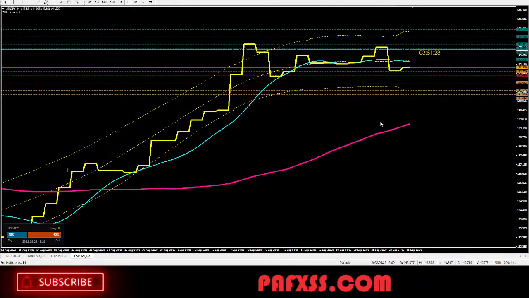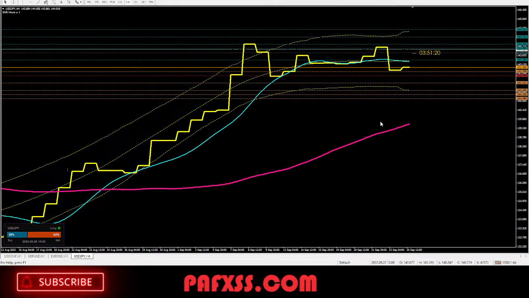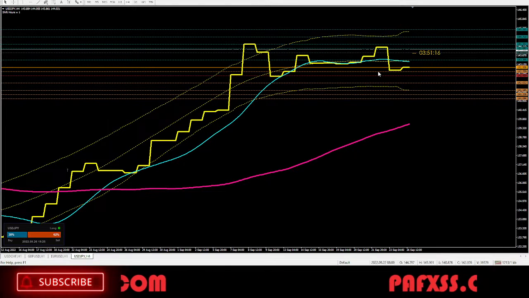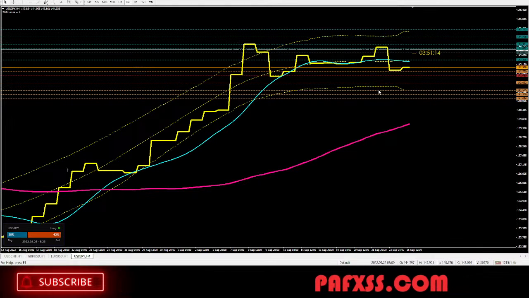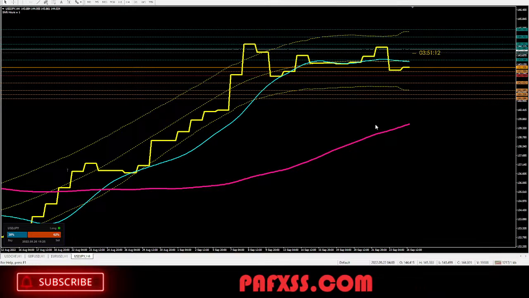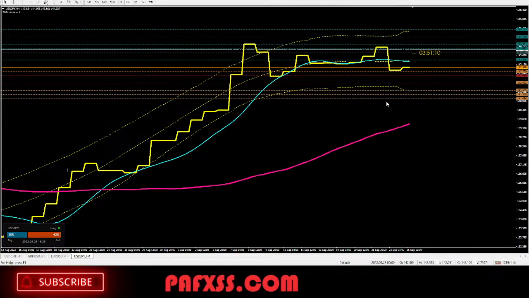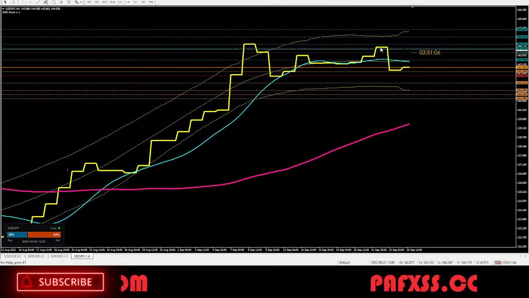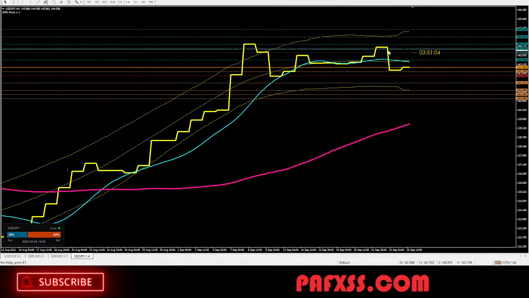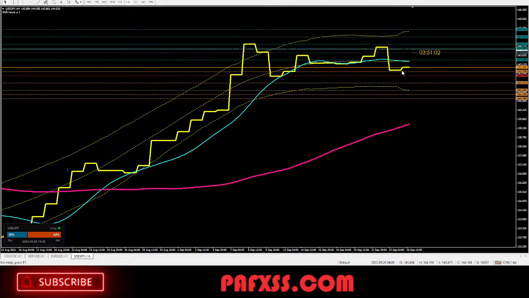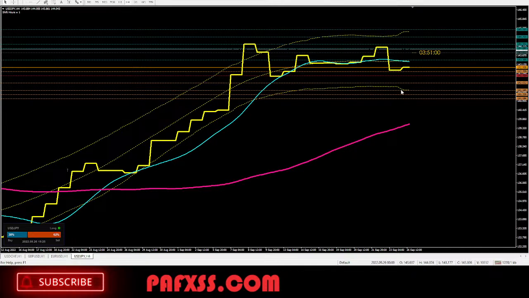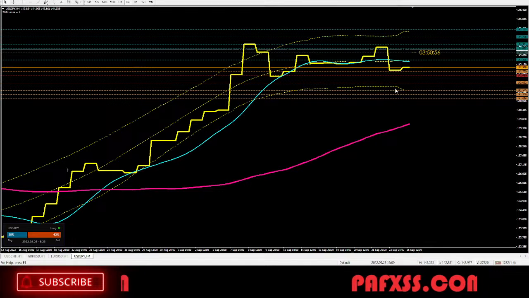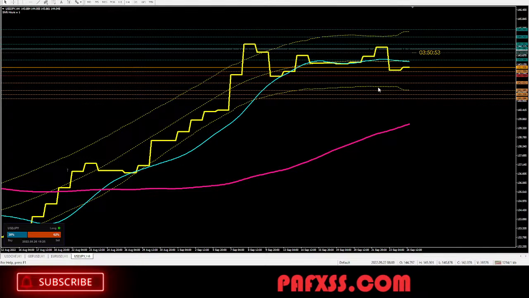PAFXSS Insider Technique strategy. This is if you want to get the buy order. It has to have 4 confirmations. First is the trend line over here, called the PA trend line. It has to cross over the bottom channel line, which is this one over here.